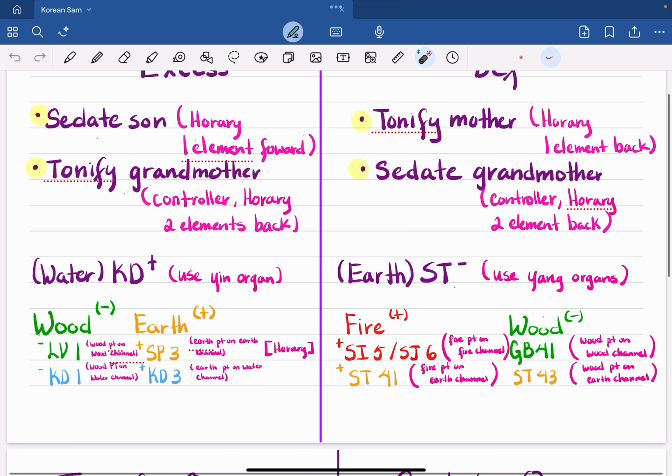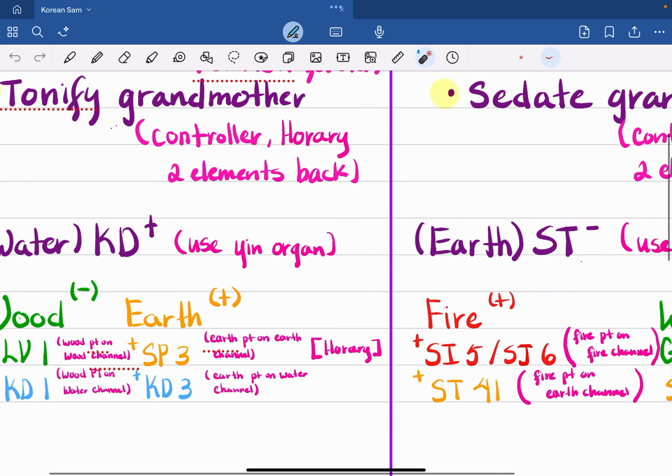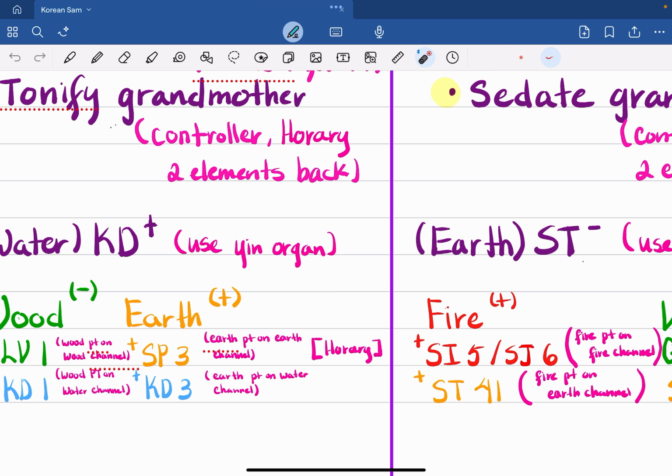We know that to tonify the grandmother means to tonify using the earth element, which in this case is the spleen because it's a yin organ. The earth point on the earth channel is spleen 3. This is the horary point also.